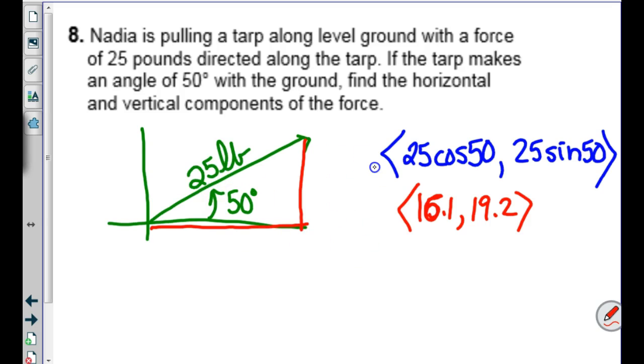Do you see what I'm talking about? We got a little right triangle down there. Okay. By the way, this is horizontal and vertical, if it were to ask that, right?